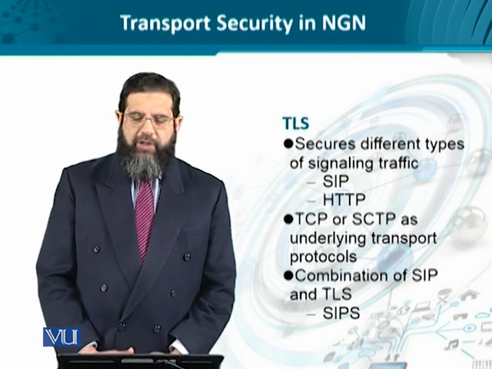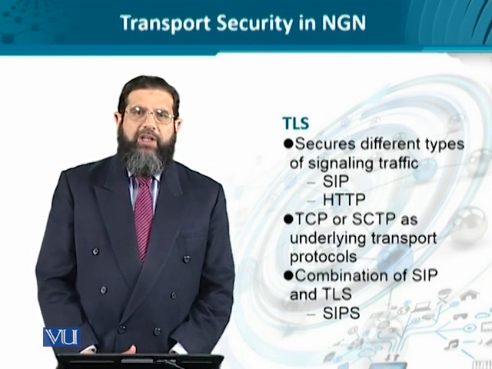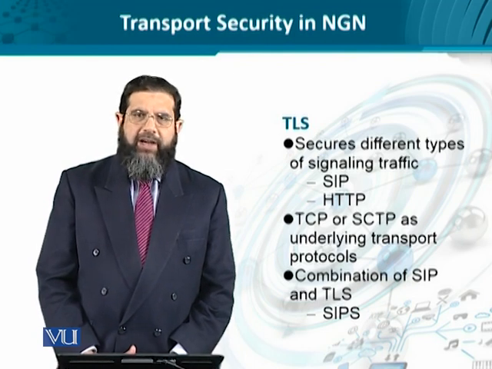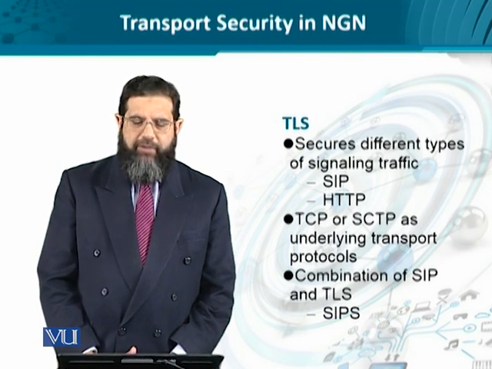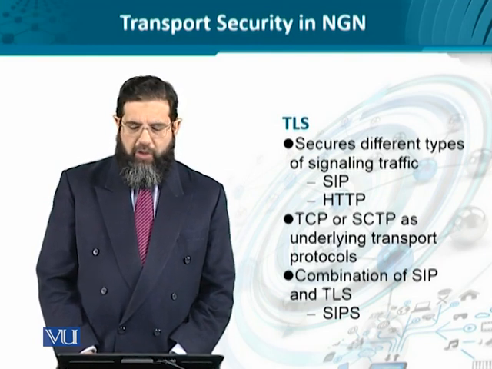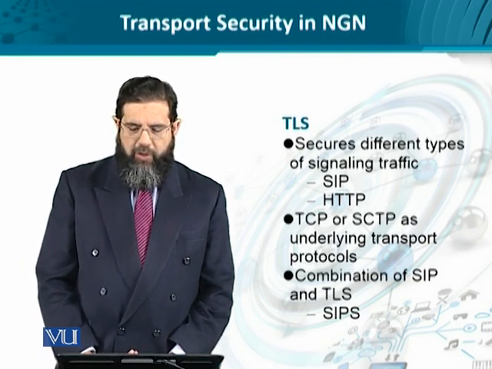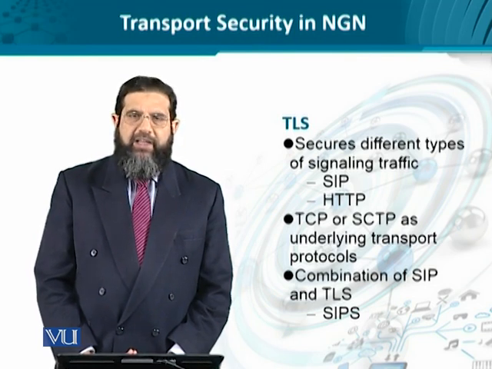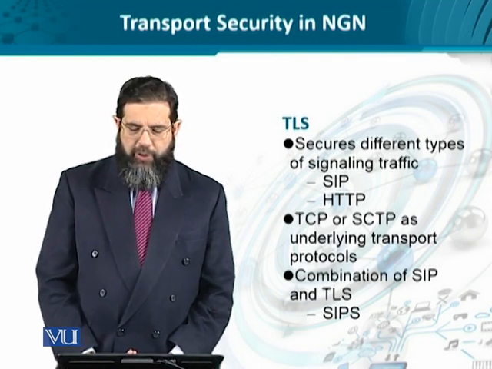Let's start talking about TLS first. Transport layer security involves securing not only the data packets or the user plane, but also the control plane. So if we are using HTTP, or for instance the Session Initiation Protocol at the application layer, both the signaling traffic as well as the data traffic would be encapsulated and secured using the transport layer security mechanism.